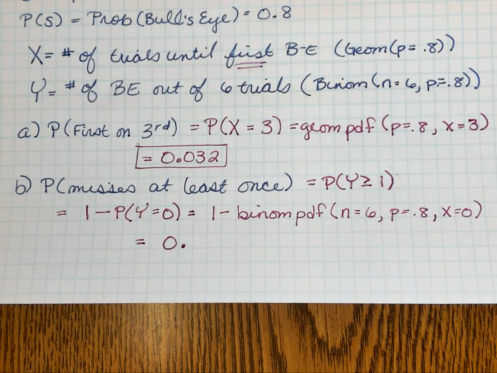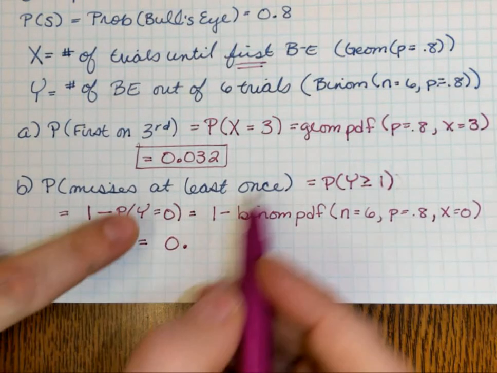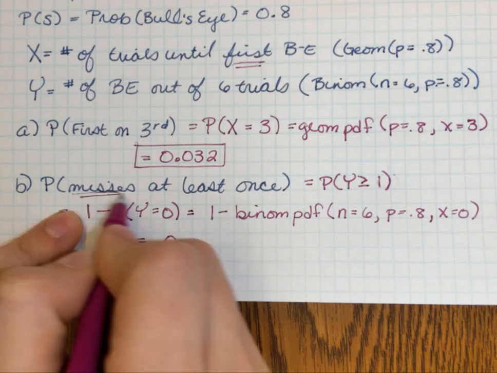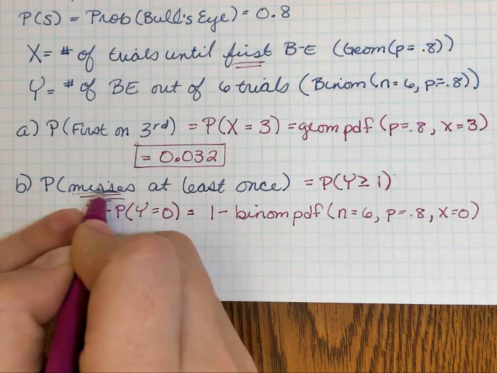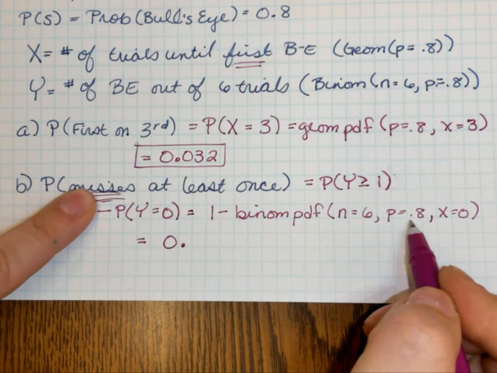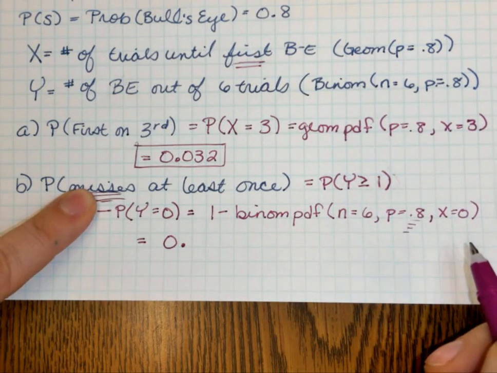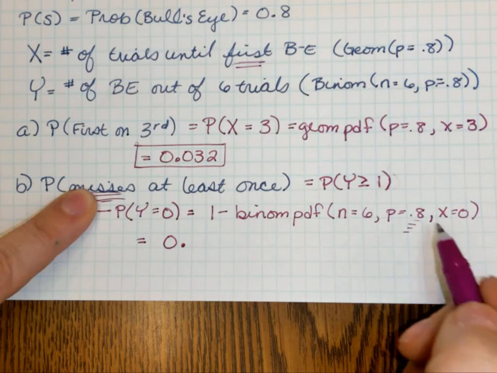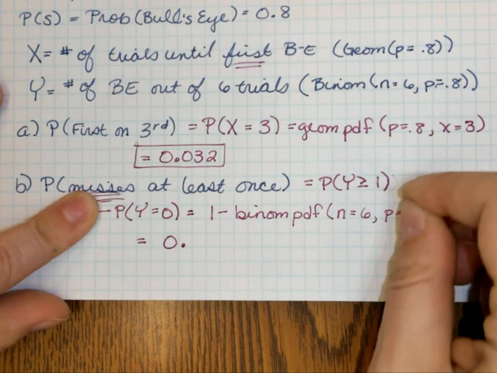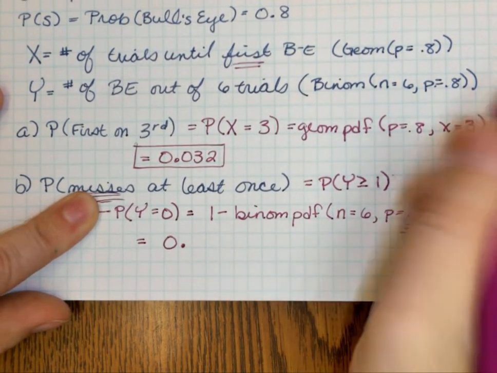Oh, I'm a dork. You want to know where I screwed up? Do you understand what I'm talking about here? My probability here is the probability of hitting the bullseye. I don't want that.